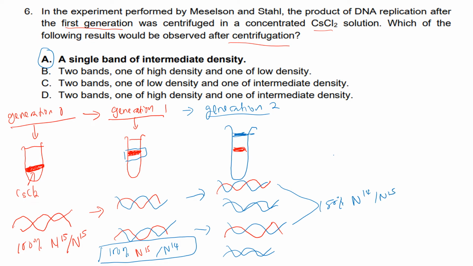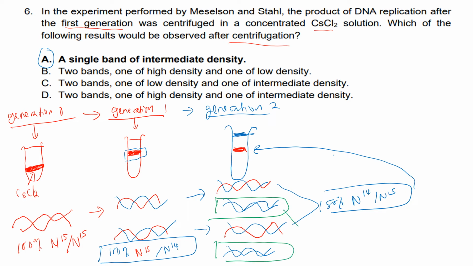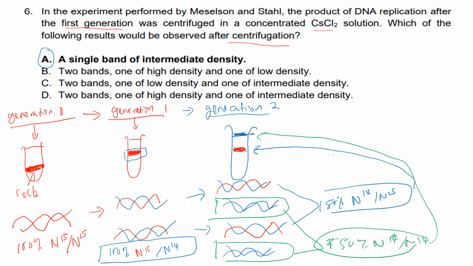This is the intermediate band. Another 50% consists of nitrogen 14 and nitrogen 14. This is the light band at the top of the tube here. So this proves that DNA replication occurs according to the semi-conservative model.